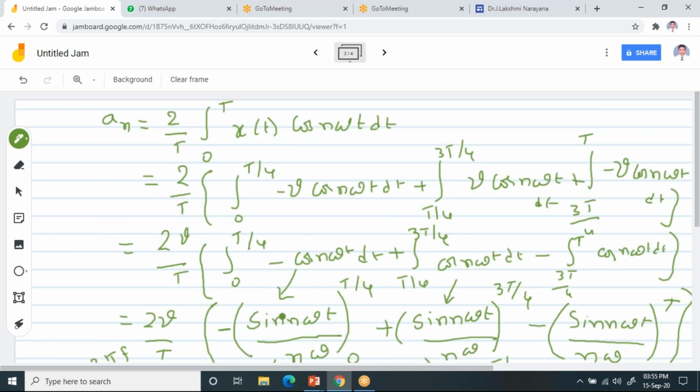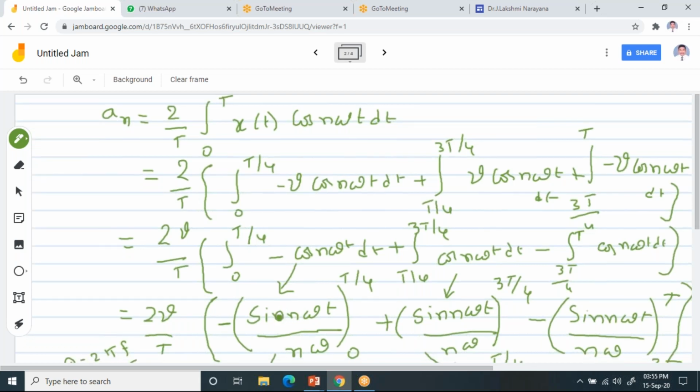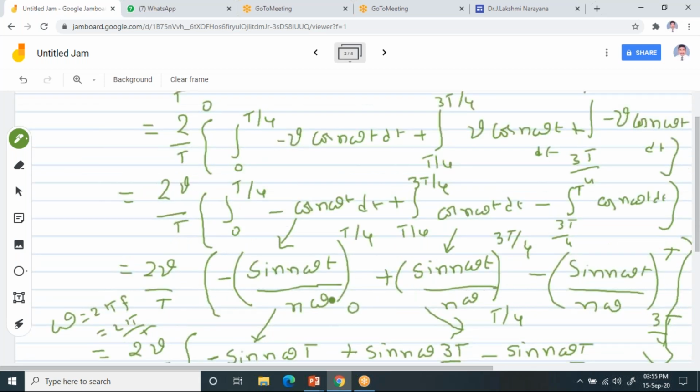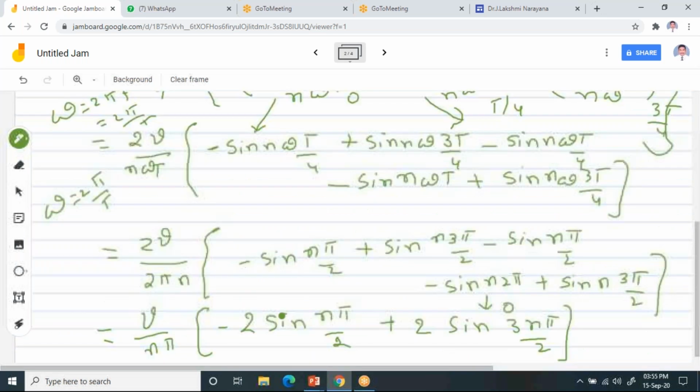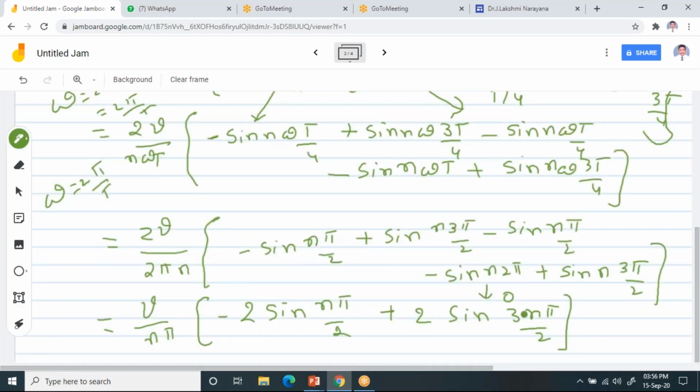Here you will get minus, in the place of sine you will get cos, and minus becomes plus and plus becomes minus. If you solve all this, you will get the similar terms. So here you will get cos n pi by 2. Here also you will get cos 3 n pi by 2. As you know, cos n pi by 2 and cos 3 n pi by 2 give a value which is 0. So finally your bn is 0.